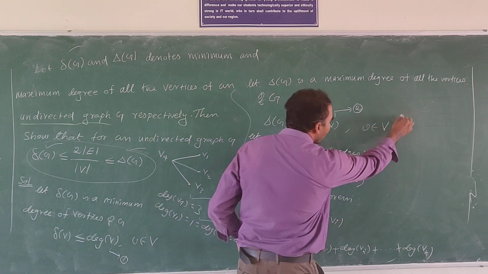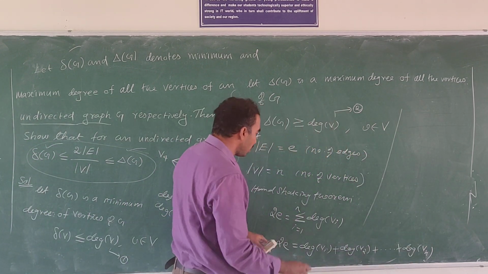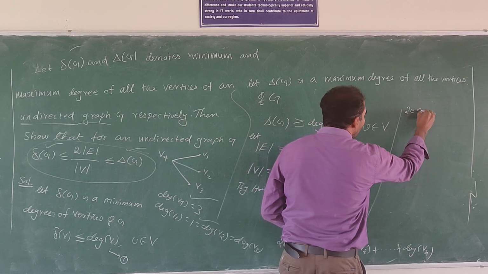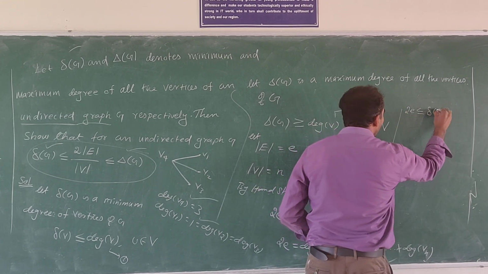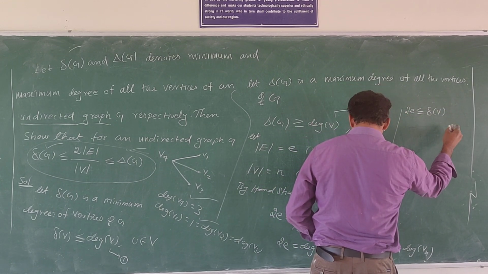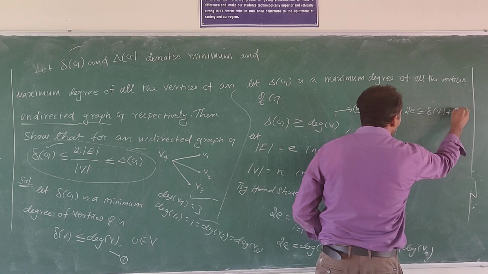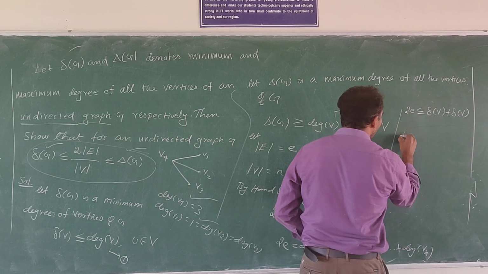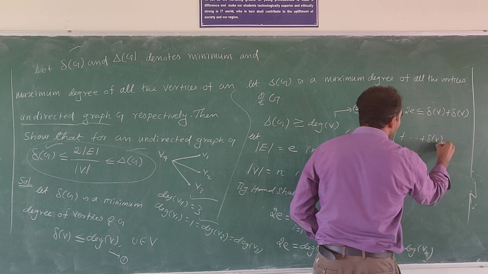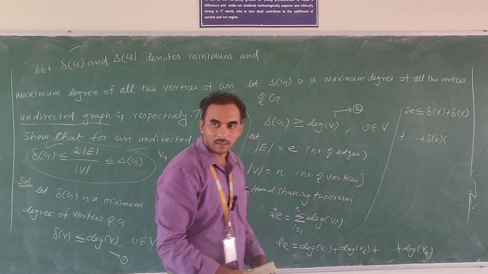Like that we can apply it for all the terms. 2E is less than or equal to δ plus δ plus, etc., δ.